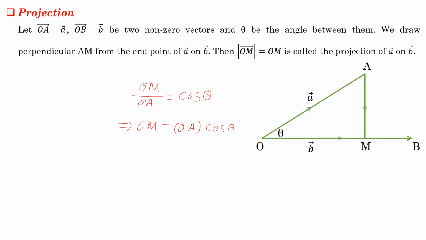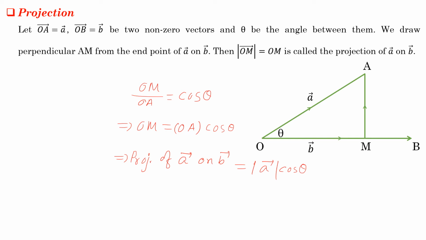And OA cos theta, this OM, meaning modulus of OM, is the projection of A bar on B bar. And that is equal to, what about OA? This OA is nothing but modulus of A bar and then cos of theta.